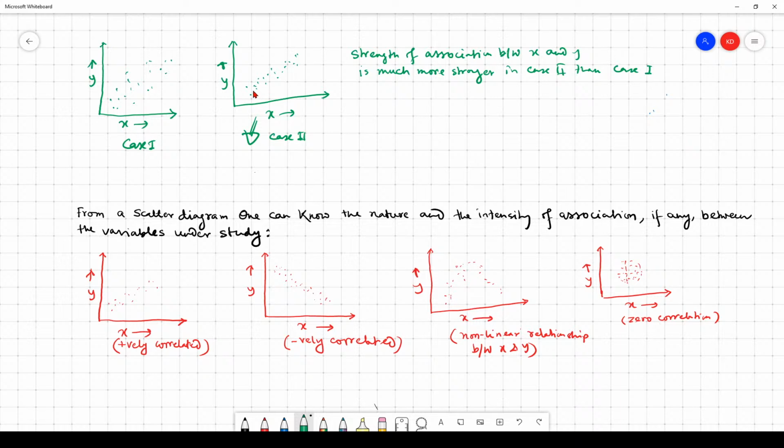Because in case 2, all the points are very close to the straight line, whereas in case 1, the points are not as close as in case 2. So even though both are positively correlated, the strength of correlation or association between x and y in case 2 is stronger than in case 1. Similarly, for negative correlation, we can get the same conclusion.